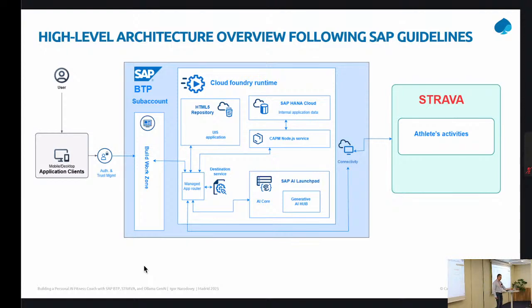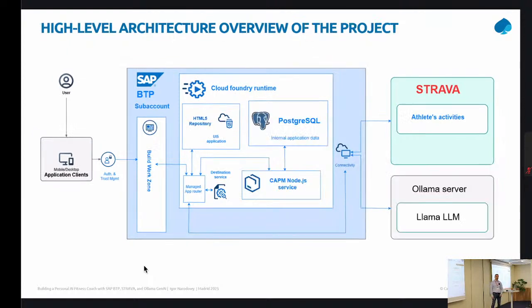So I prepared this architecture decision, with our Ollama server, that is a dedicated server. We can even install your dedicated server on your laptop, and we can use a Postgres instance.